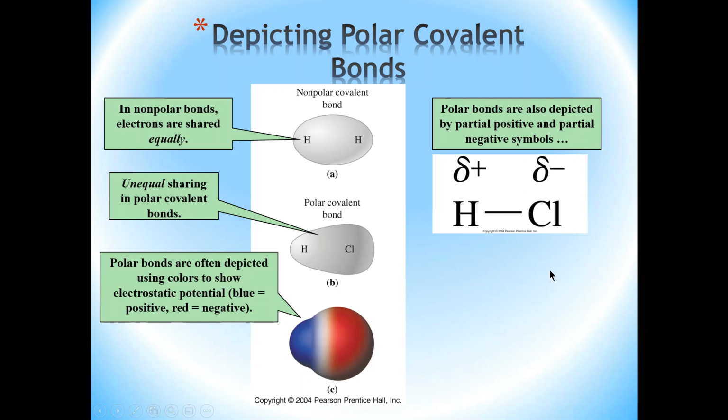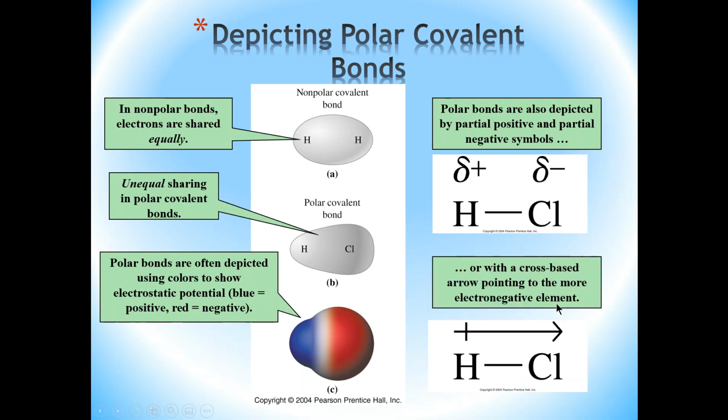Another way of representing a polar bond is by using this symbolism here, which is, as you can see, an arrow with a cross at the tail. This represents the direction of what we call the dipole moment, which we'll talk about later on. The arrow, to represent the direction of the polarity, is conventionally arranged such that it's pointing from the positive end of the molecule to the negative end.